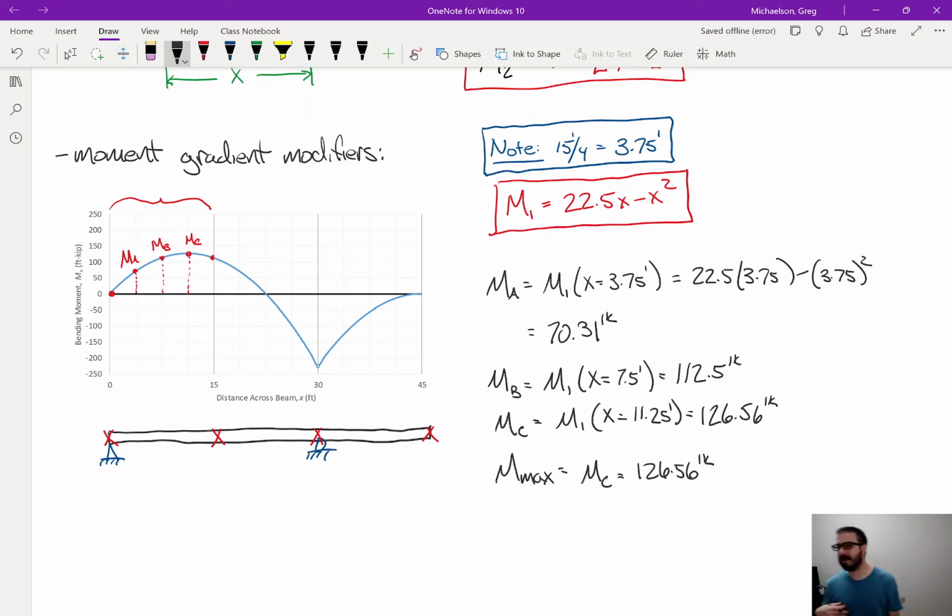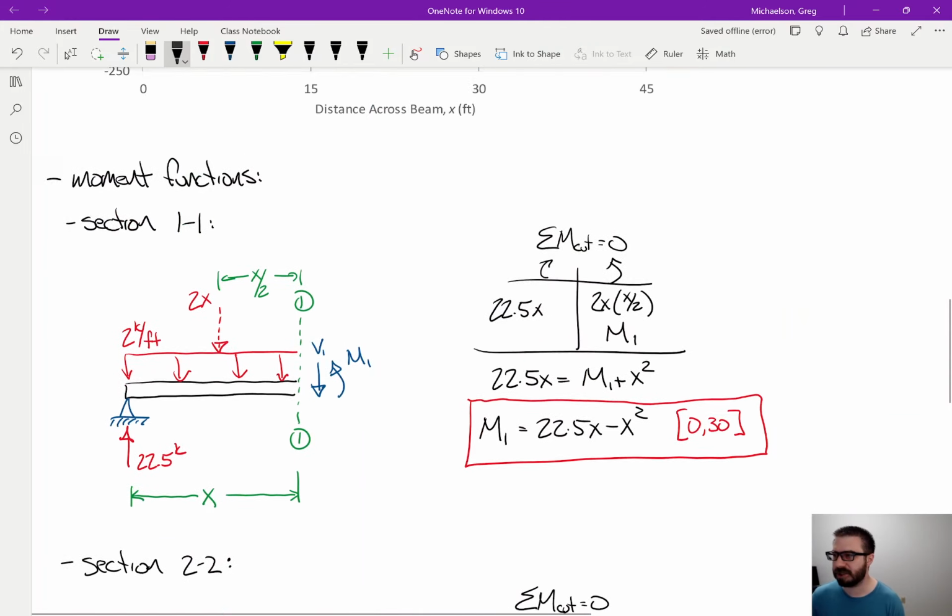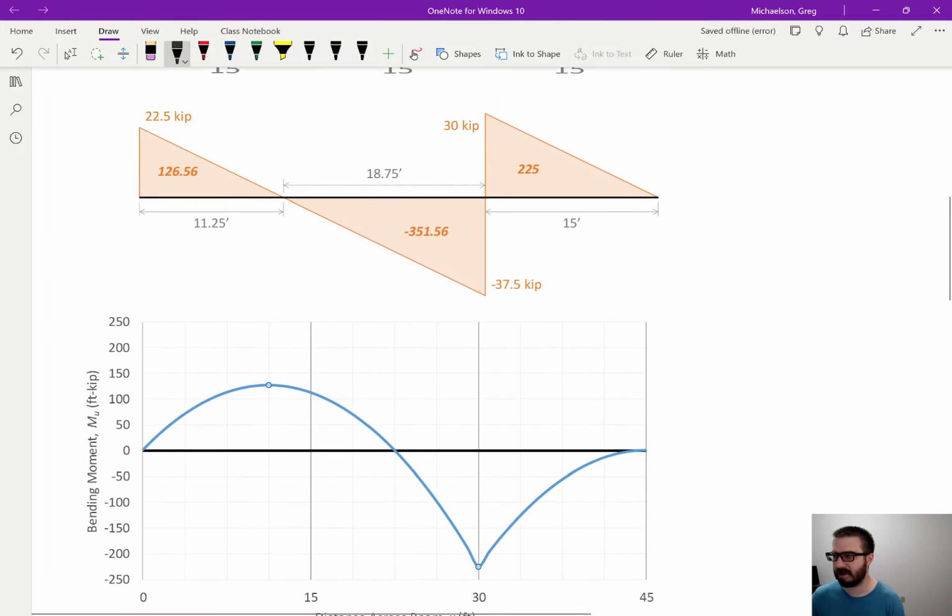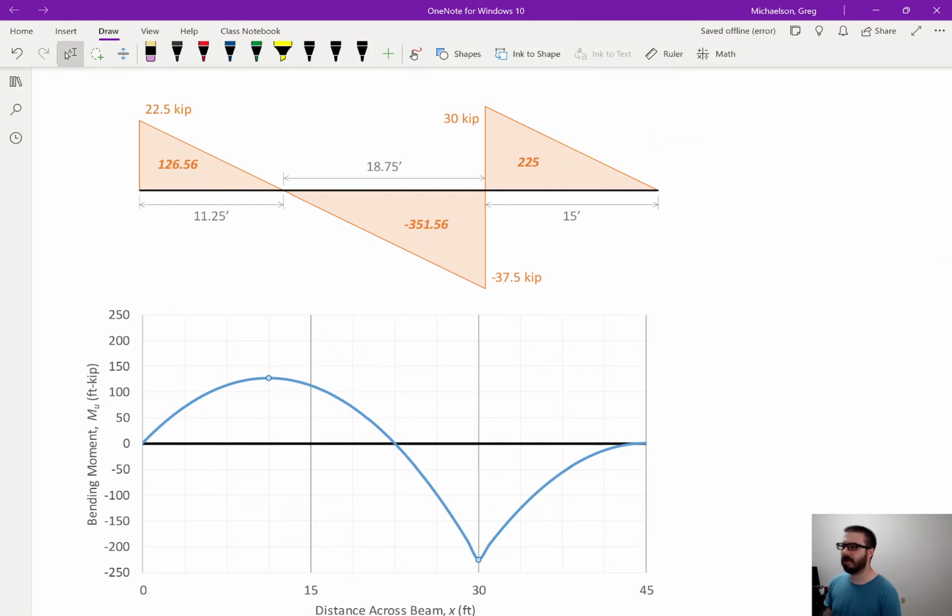The reason why is, if you go up here to the shear and moment diagram, here's the shear diagram and the moment diagram. We go up 22.5 kips, then we slope down. The slope here is 2 kips per foot, because that is equal to the load.